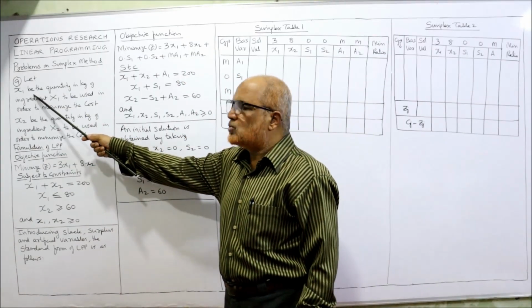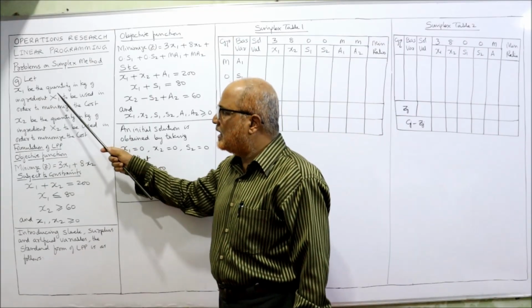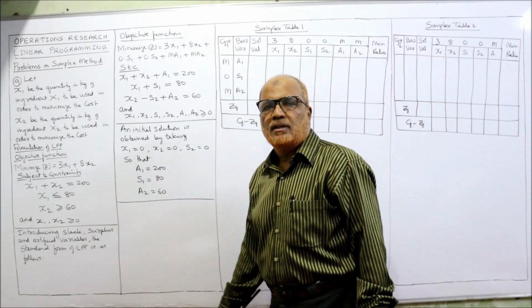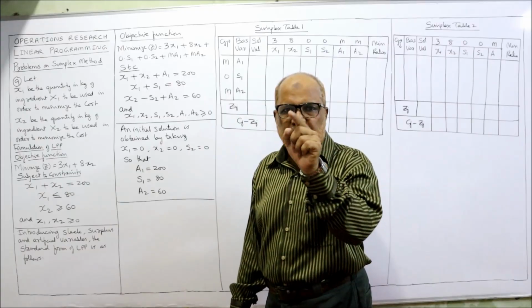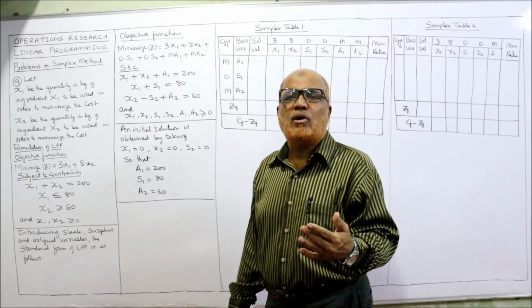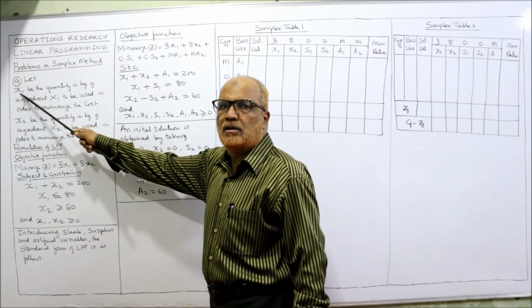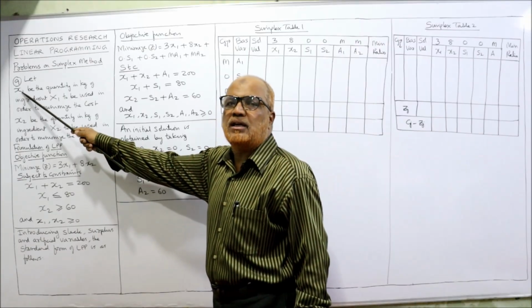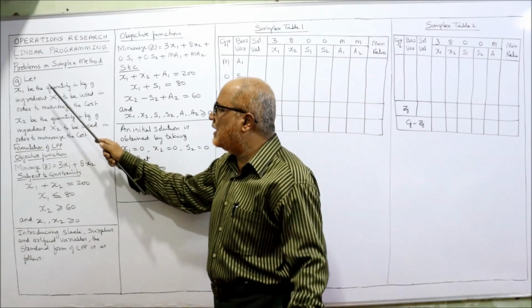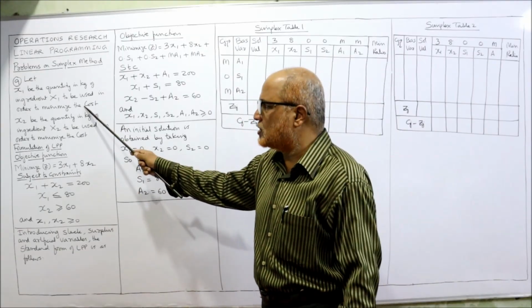Now let small x1 be the quantity in kilogram of ingredient X1. The ingredient names are capital X1 and capital X2, and we want to know how many kilograms of each. Small x1 is the quantity in kilograms of ingredient X1 to be used in order to minimize the cost.